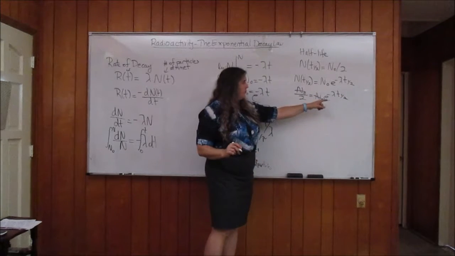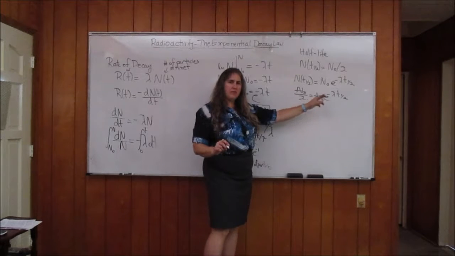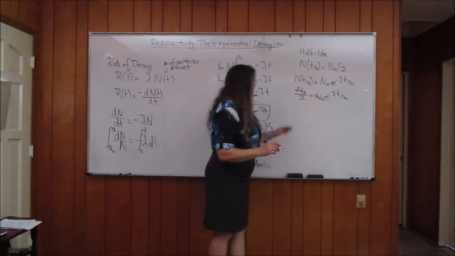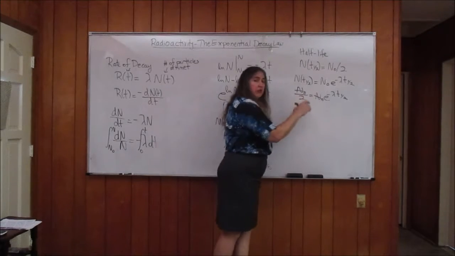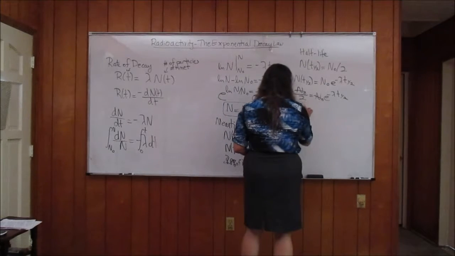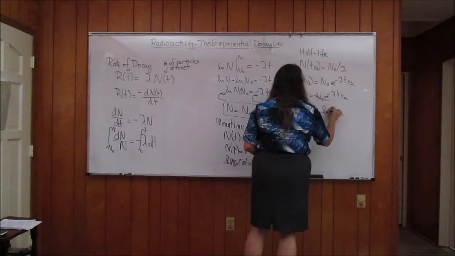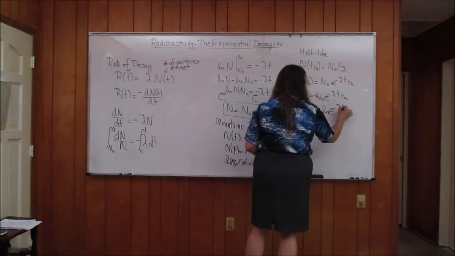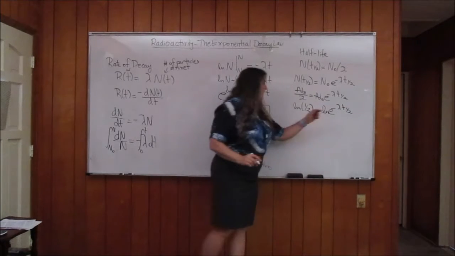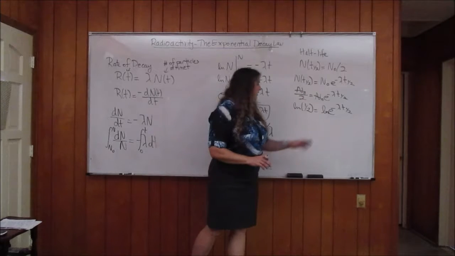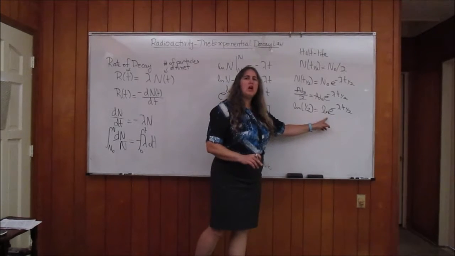Again, I'm going to solve for the half-life in terms of lambda, and I also want to write lambda in terms of the half-life as well. But anyway, I'm going to take the natural log of both sides, so we have the natural log of 1/2, and that's equal to the natural log of e to the minus lambda t 1/2. So again, you take the natural log of an exponential.